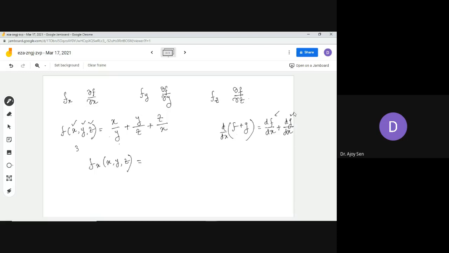So what does it mean? This kind of thing can occur. Suppose f plus g is 2x, and now you take f to be x minus box x and g to be x plus box x. If you add f plus g, you will get this function.